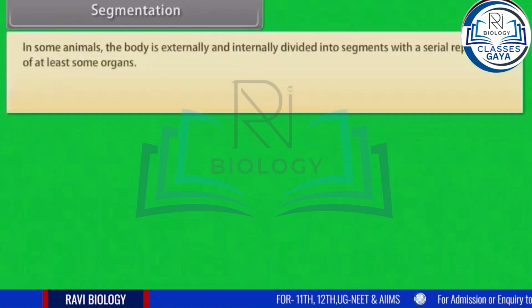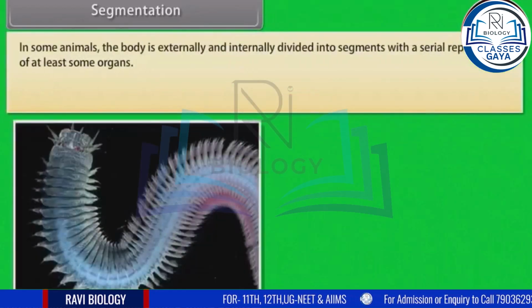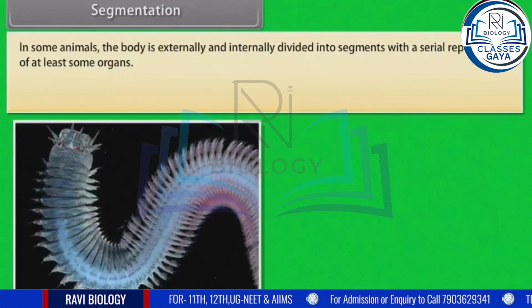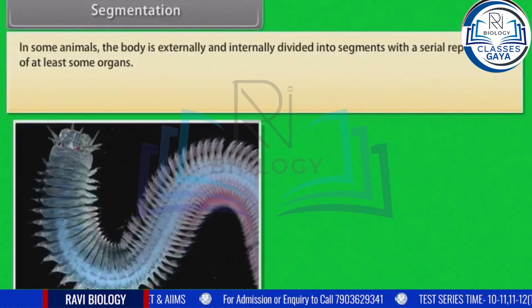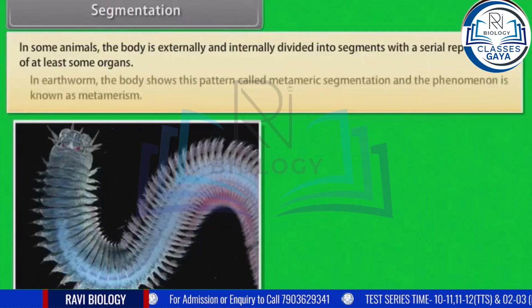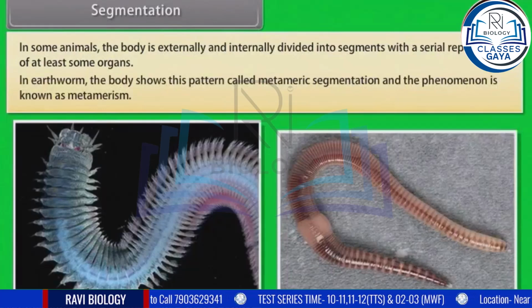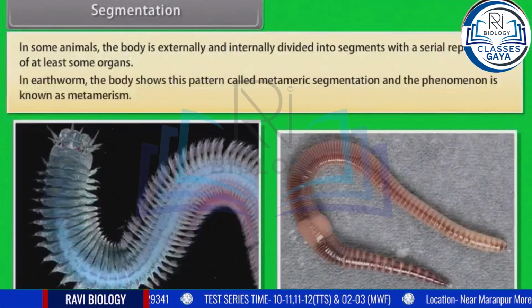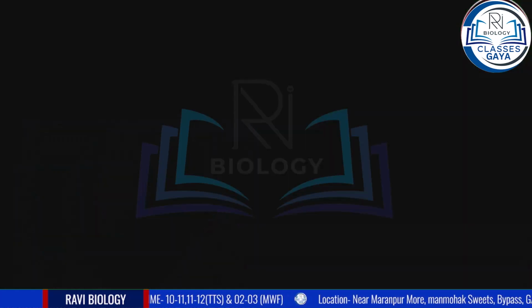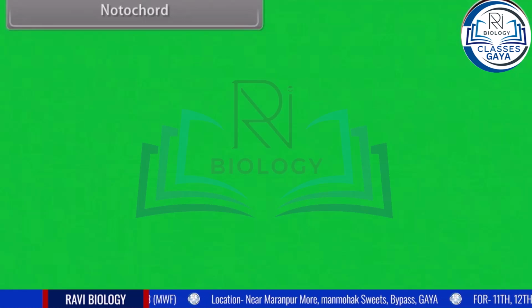Segmentation. In some animals, the body is externally and internally divided into segments with a serial repetition of at least some organs. In earthworm, the body shows this pattern called metameric segmentation, and the phenomenon is known as metamerism. Notochord.